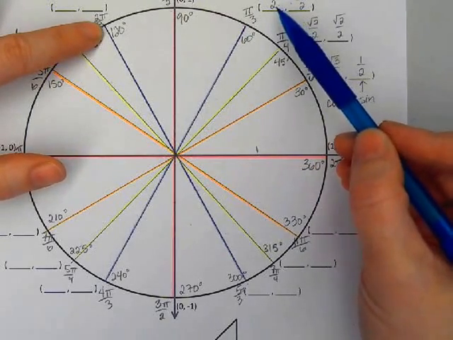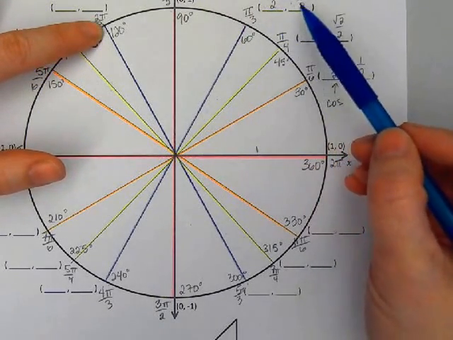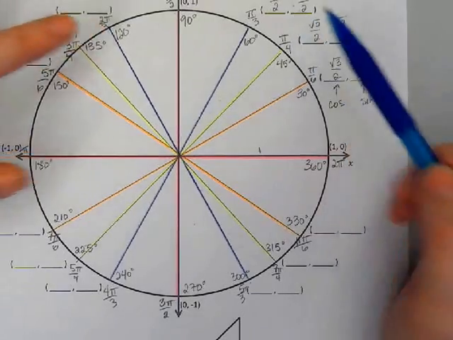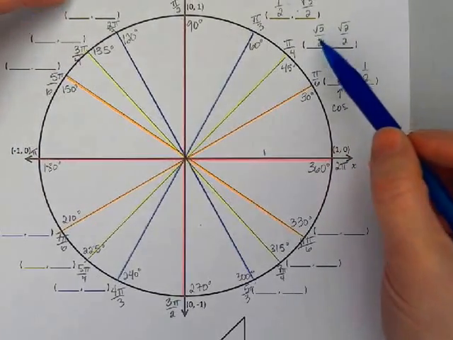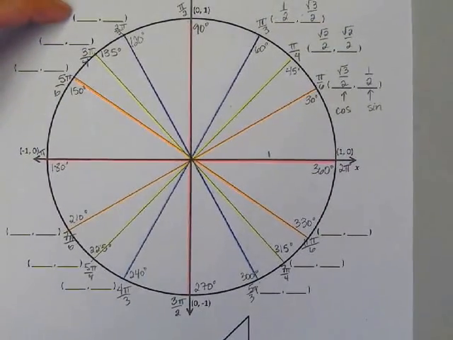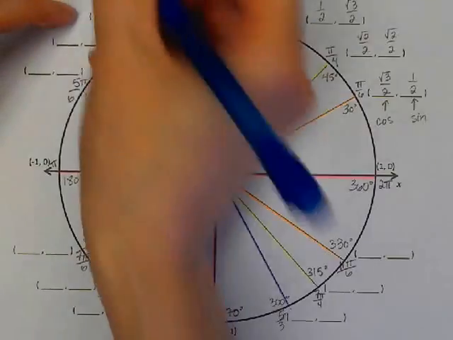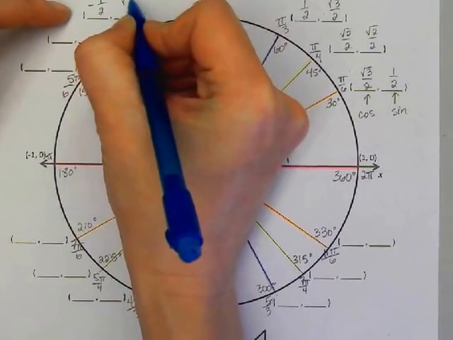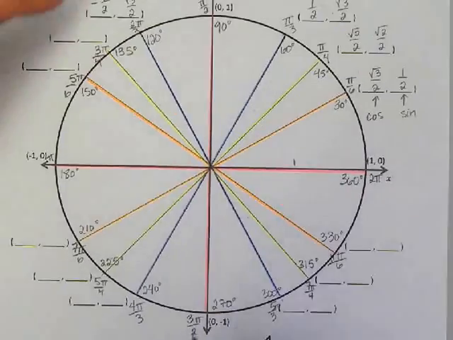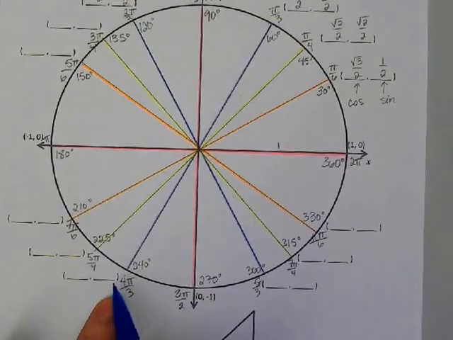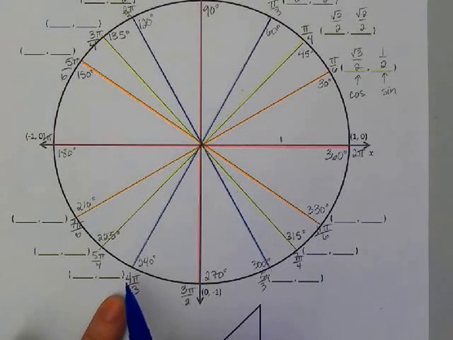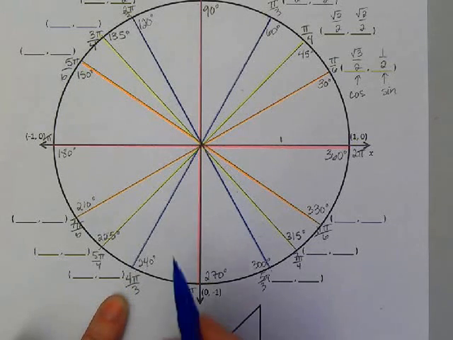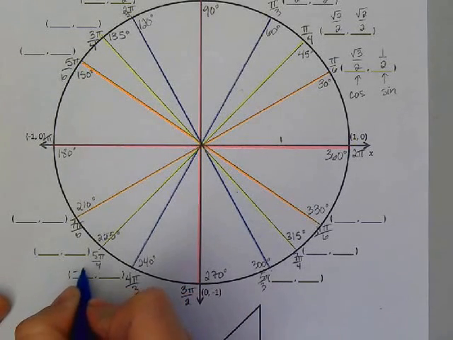And then if I look at my 30-degree family, same thing, rad 3 over 2 and 1/2, but now I've got negative rad 3 over 2 and 1/2, negative, negative, over here, positive, negative. So that is my completed unit circle.